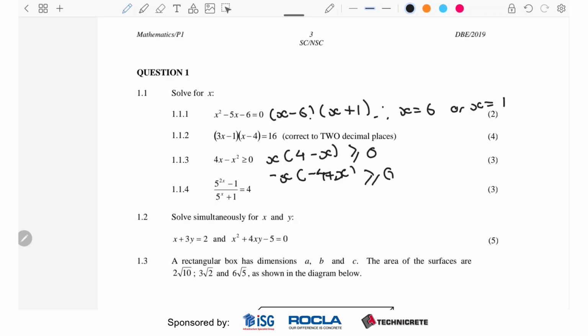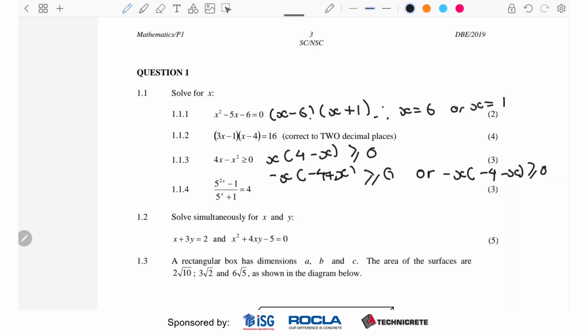Now remember, this can also be negative x times 4 minus x.